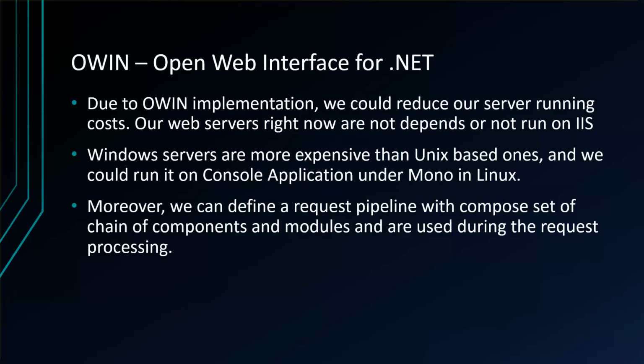Windows servers are very costly, more expensive than Unix-based ones. If we deploy our web application on Linux or OS X, the maintenance cost is lower, the responsiveness is better, and the hardware consumption is also much less. So if we support this OWIN architecture, we can definitely decouple our web applications from our web server.